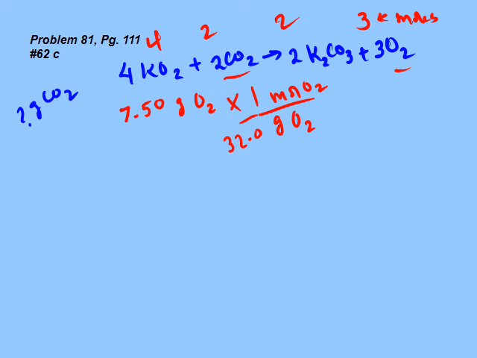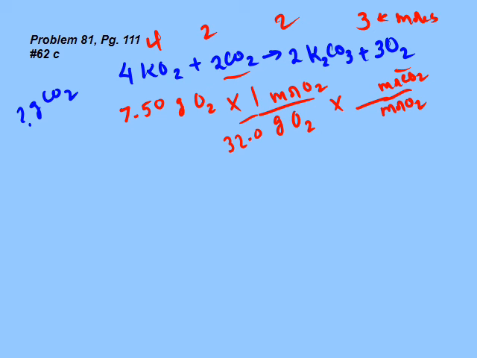Okay, and next step, if I stop here, I'm going to get mole of oxygen, but I need to go to carbon dioxide. So let's do the step now, connecting moles of oxygen to moles of carbon dioxide. So moles oxygen on the bottom, moles carbon dioxide on the top.